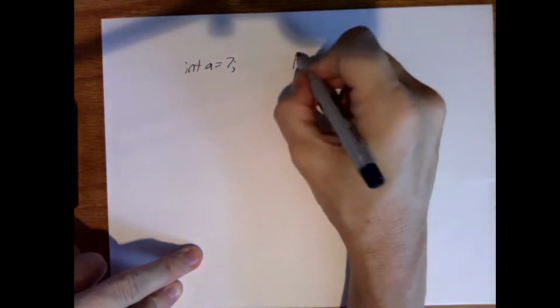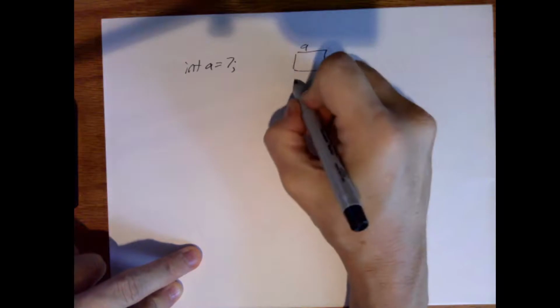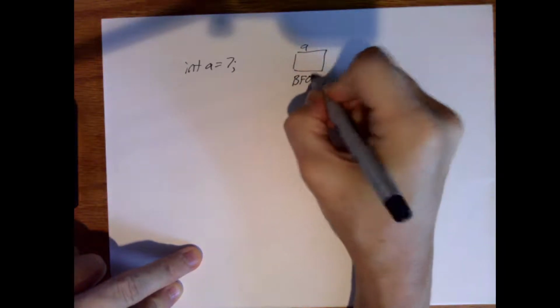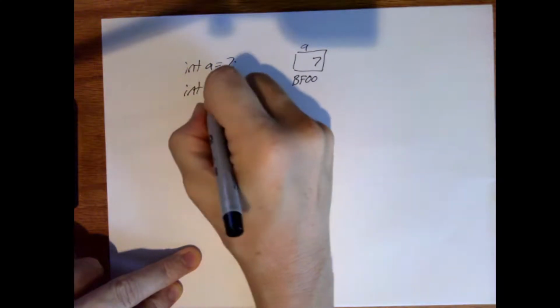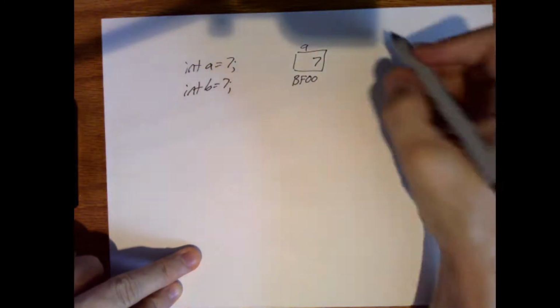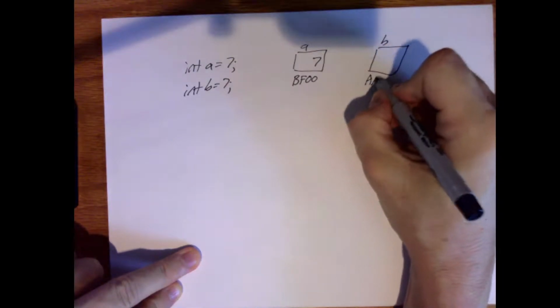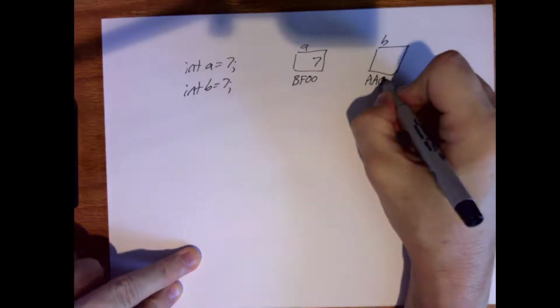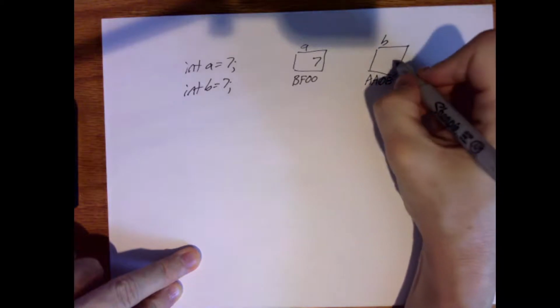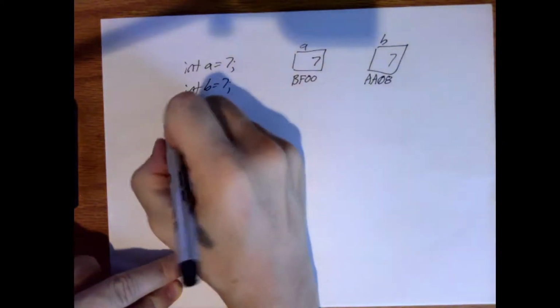So I've got a spot in memory I call a, and let's say its address is bf00 and its initial value is 7. And I wrote int b equals 7. So I got b. It has its own address. Let's say it's AA08 and its initial value is 7.